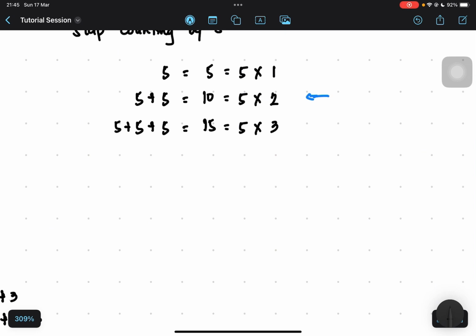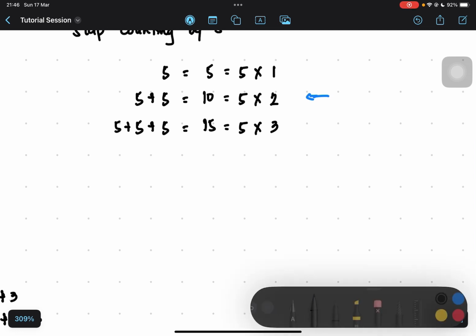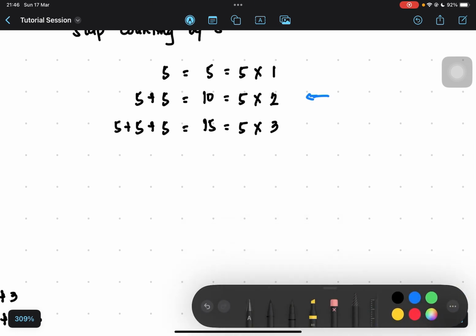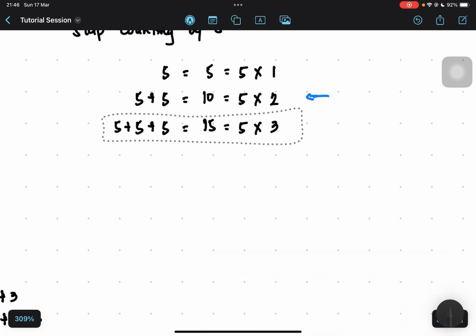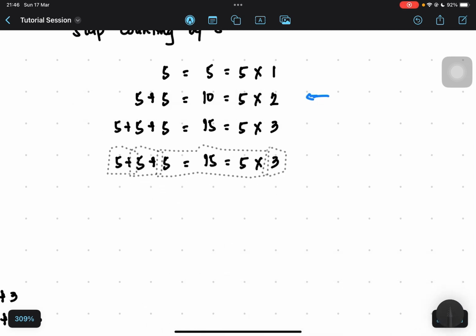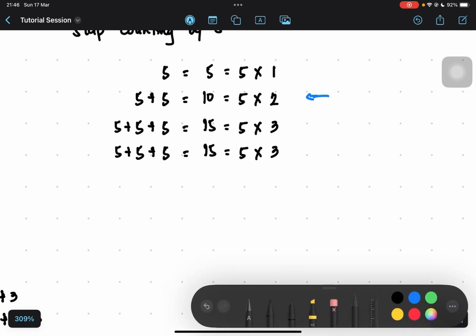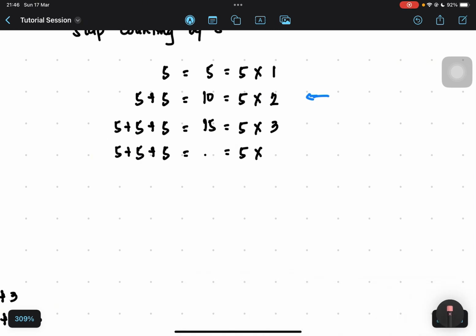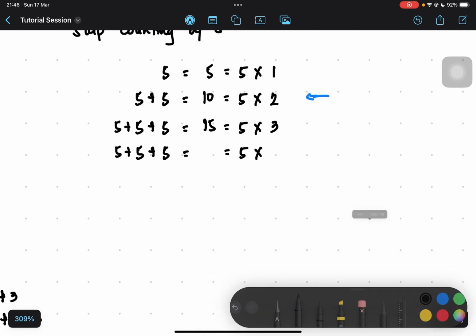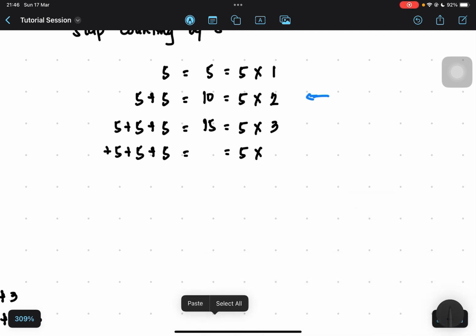That is adding 5 by itself 3 times. That's the interpretation of it. And this one, adding another 5 on it, it becomes 20. That is adding 5 by itself 4 times.